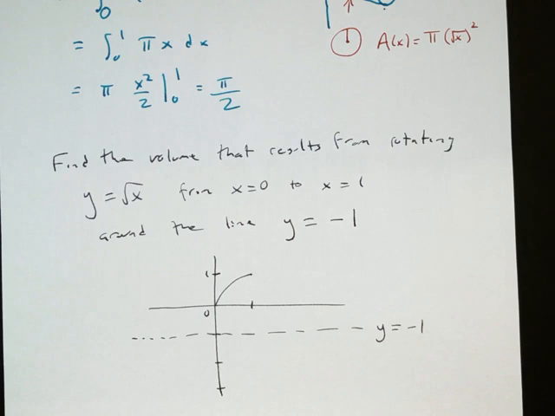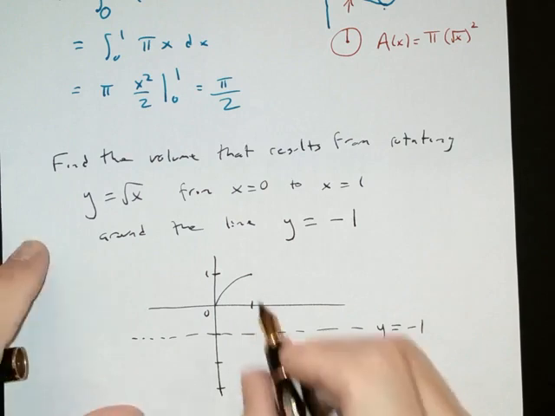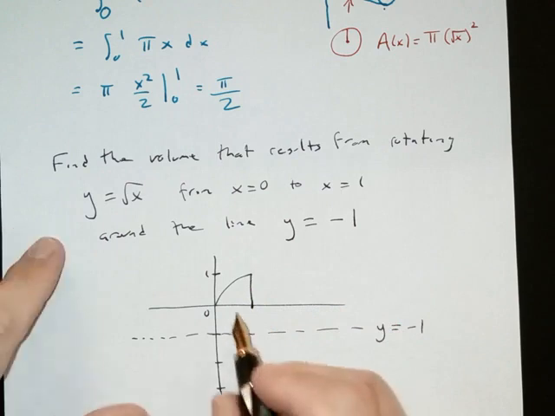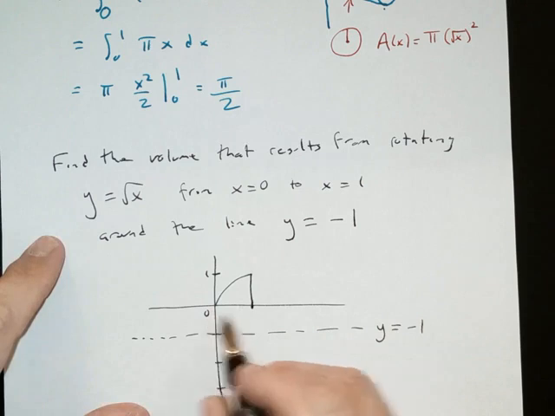Uh-oh. My region doesn't touch the line I'm rotating around, does it? I'm sorry? We can still rotate. Sure. But what I'm going to get is this shark fin way down at the bottom, right? This is a unit away. So the bottom of the fin is going to be here.